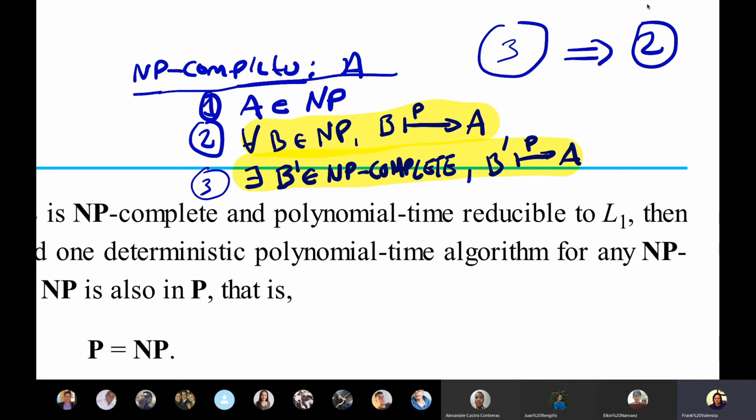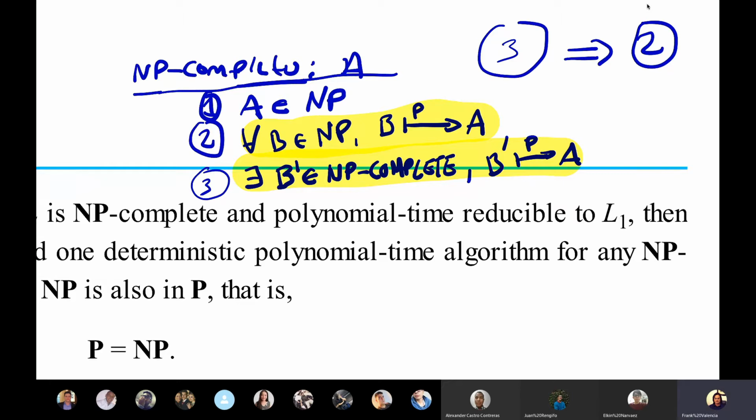You need to find all NP complete problems, like clique, all of them, and you need to reduce them in polynomial time to 3 SAT. That's hard, but if you only have to prove number 3, it's enough if you prove that SAT can be reduced in polynomial time to 3 SAT.